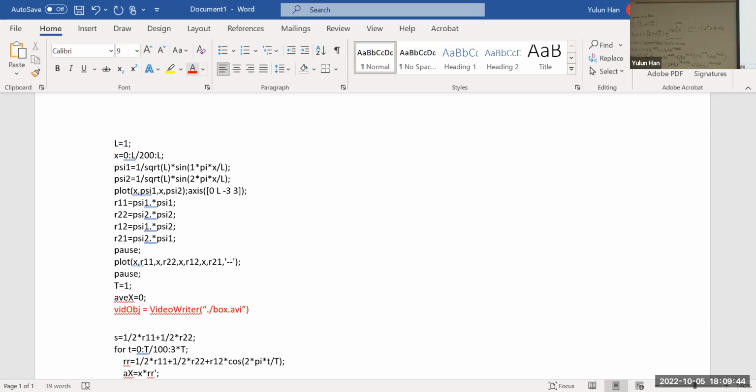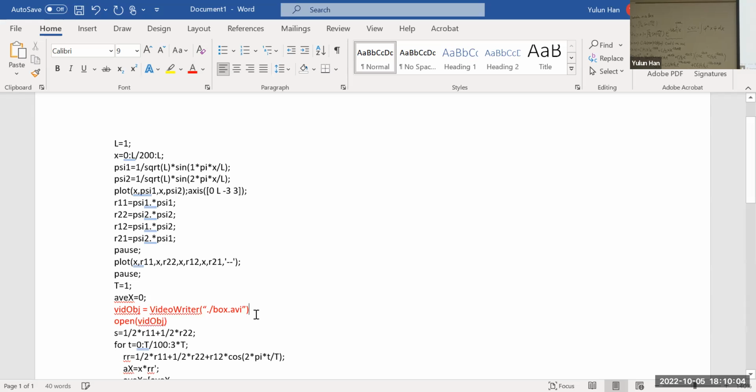See what I wrote. That one, I just wrote complex conjugate transpose. Not the second one.